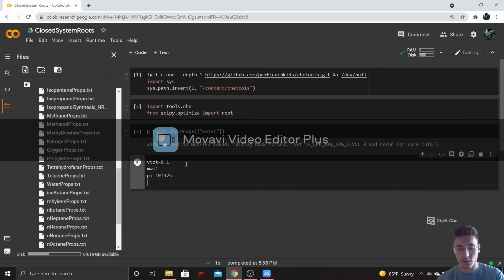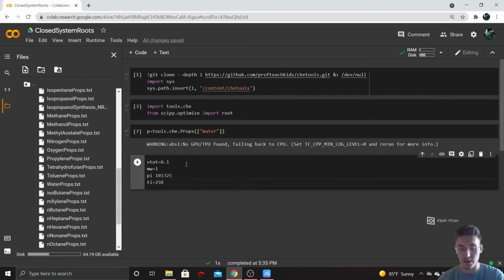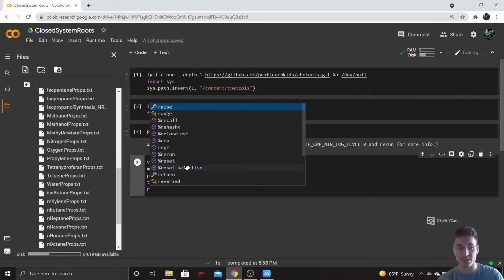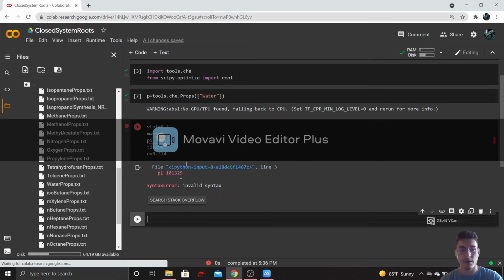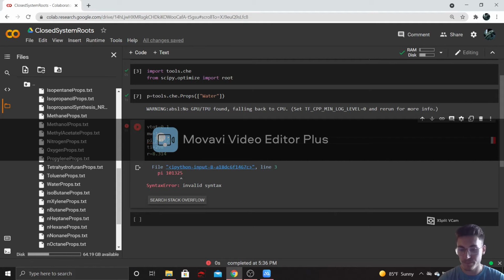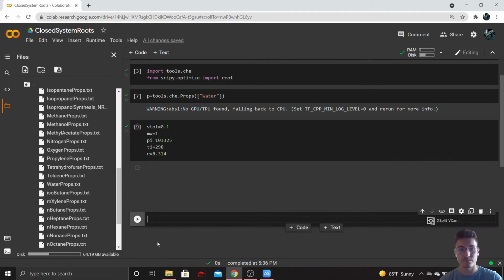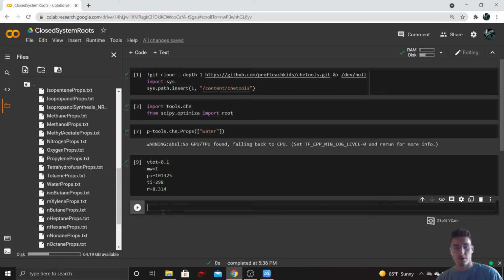The initial temperature was 298 Kelvin, and then our R, which is the gas constant, is 8.314. So then if I do that, now we can do that.